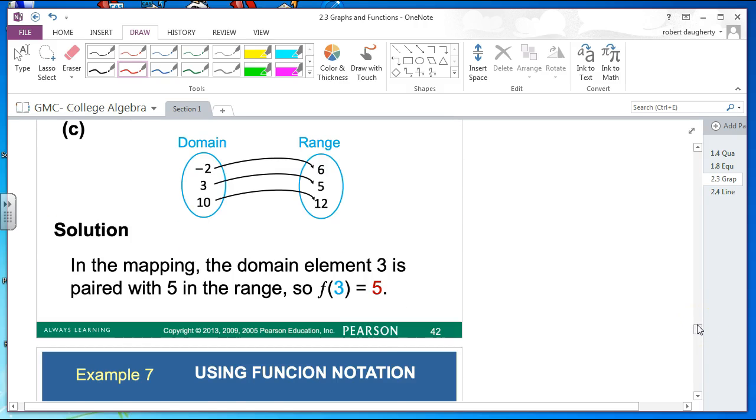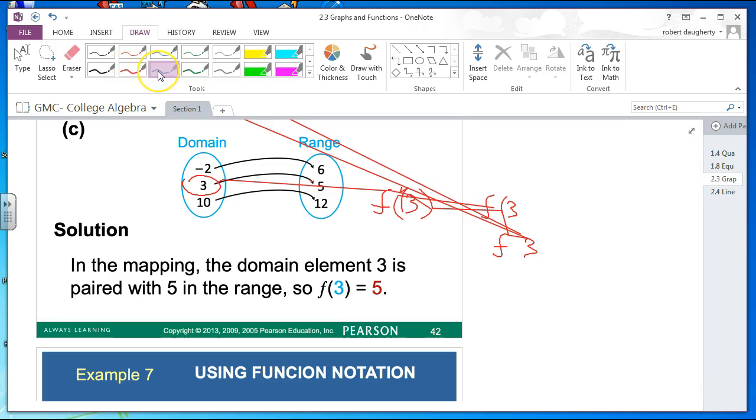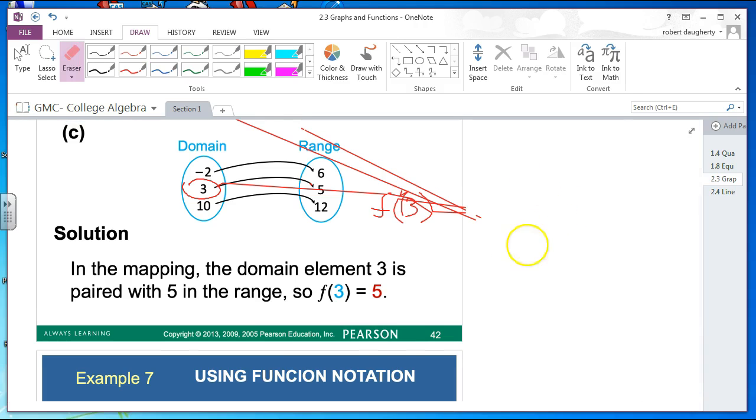Find f of 3 here. That says when you input a 3, what is your output? That's 5. This tells me that f of 3 equals 5.